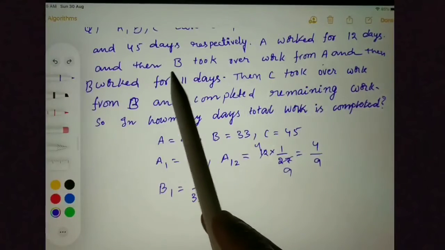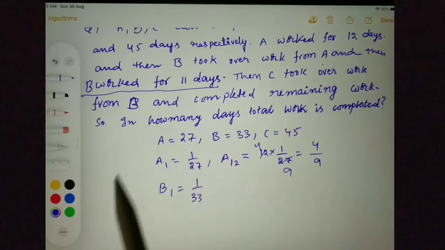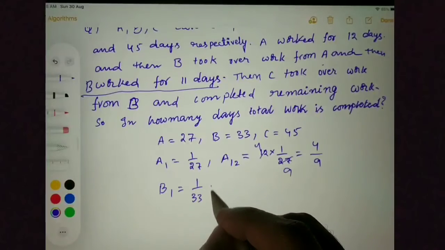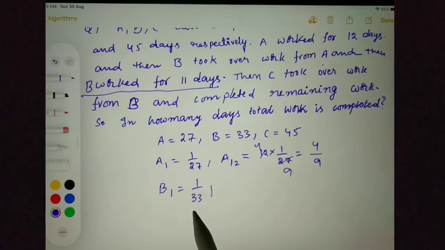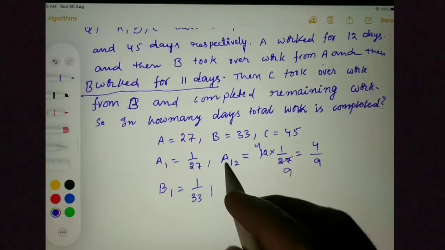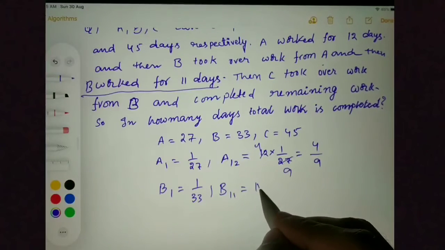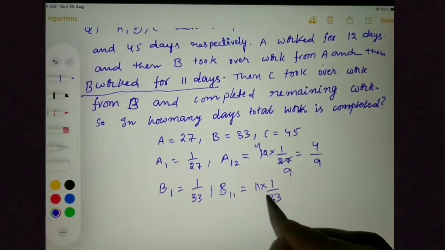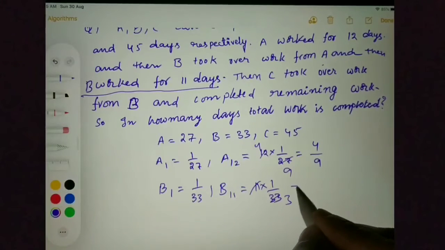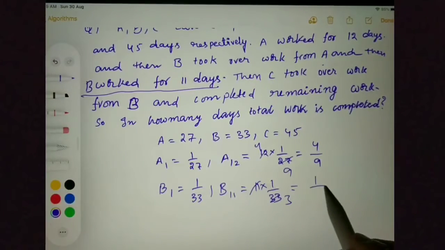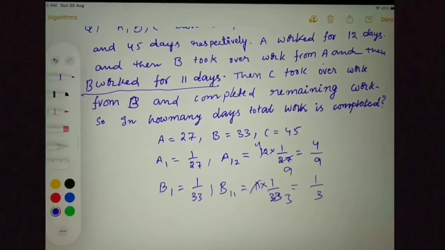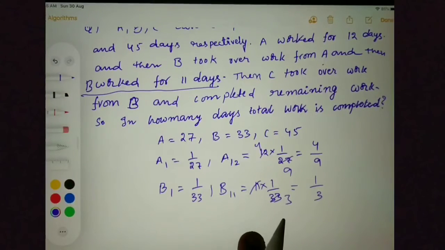As per the problem, B worked for 11 days. So if B's 1 day's work is 1 by 33, what is the 11 days of work? That is 11 into 1 by 33. 11 threes are 33, so 1 by 3 is the 11 days of work.